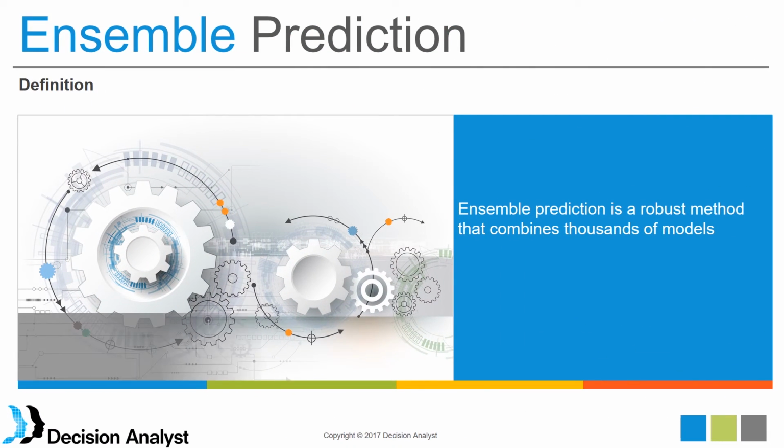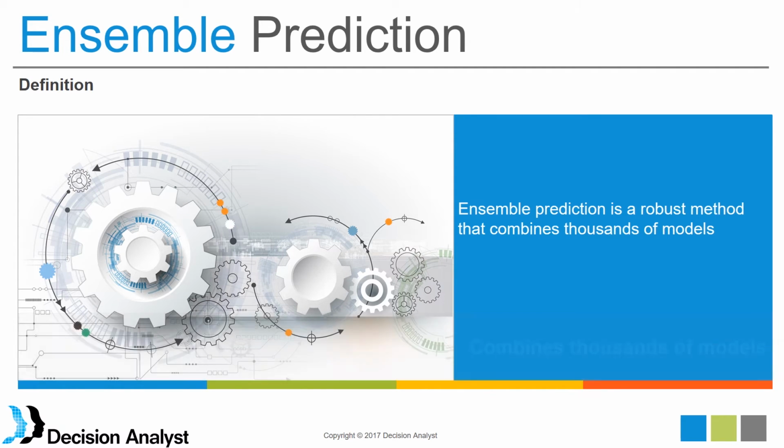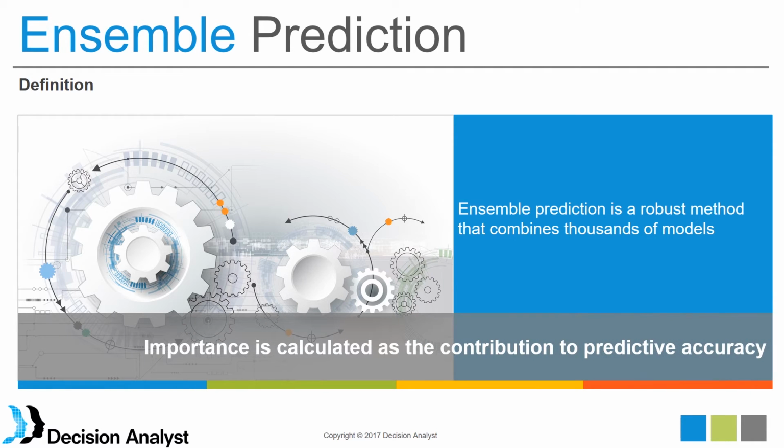And here's a very interesting extension of the regression analysis called Ensemble Prediction. And this is gaining more and more traction because of the powerful software out there that can be used to enhance predictive accuracy and to really get a good handle on which attributes are more important. So this is a fairly robust method.